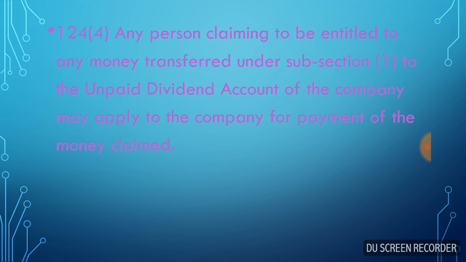This is after transfer of the dividend money to the unpaid dividend account, that means within 37 days, that is the initial 30 days plus 7 days, or if later, then with interest of 12% per annum, the company has transferred the amount to the unpaid dividend account.